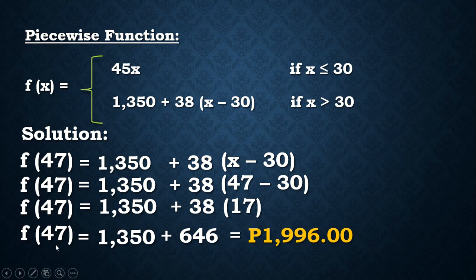So, the payment for the 47 face shields is 1,996. The 17 pieces of face shield are already discounted. That's why the buyer enjoyed 1,996 as the cost of 47 face shields.